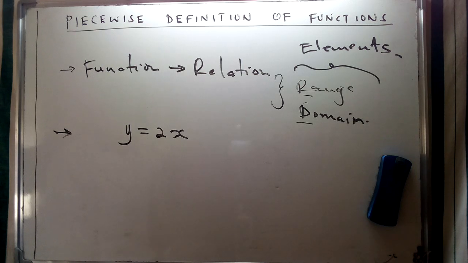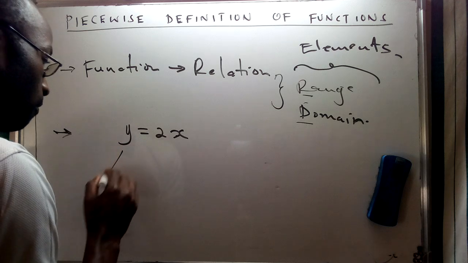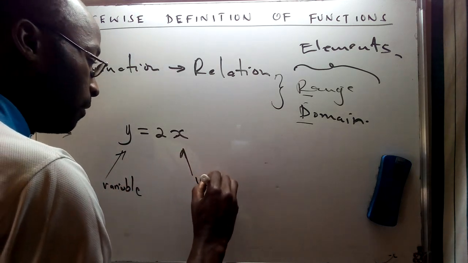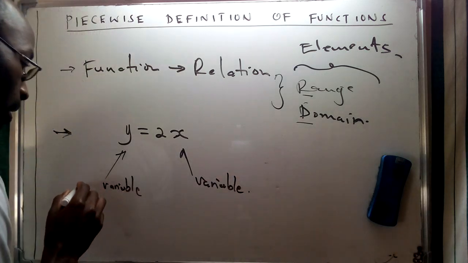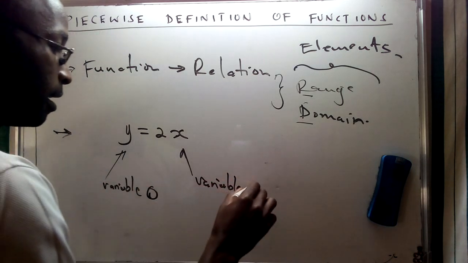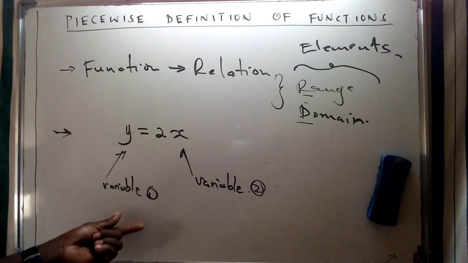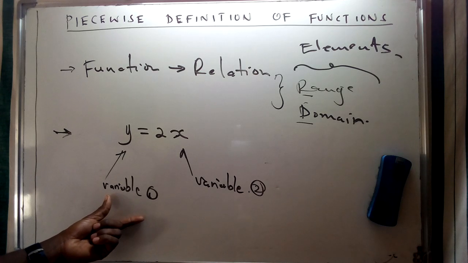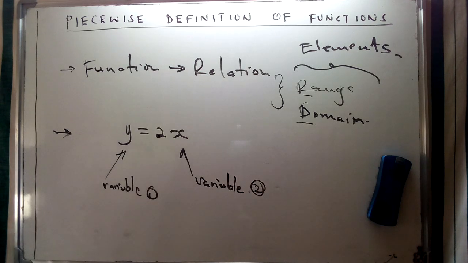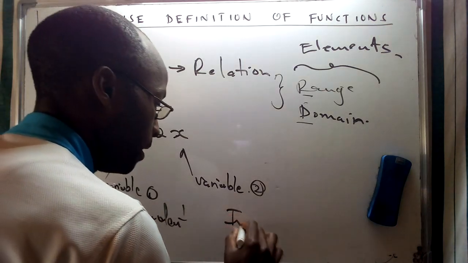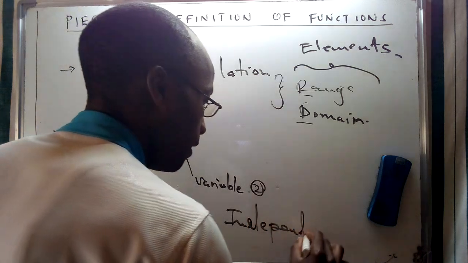So in this case, I am going to consider this special type of relation in terms of two variables, and these are going to be variables x and y. So the first variable and the second variable give me a relationship, and I'm going to define one as the dependent variable, and the second one is going to be referred to as the independent variable.